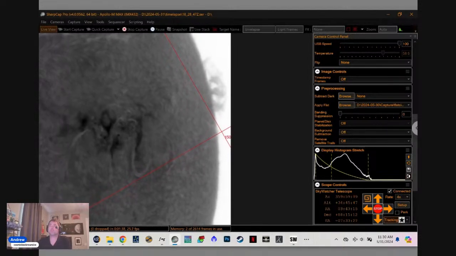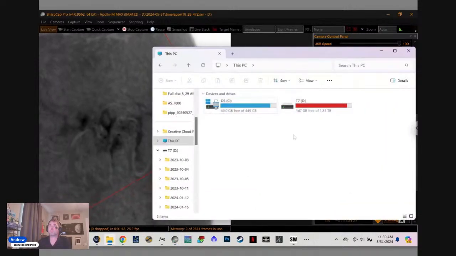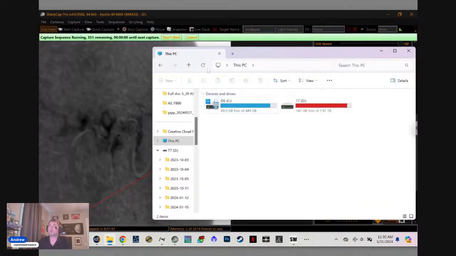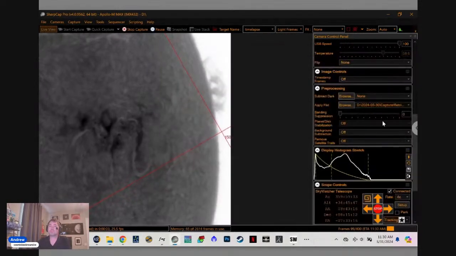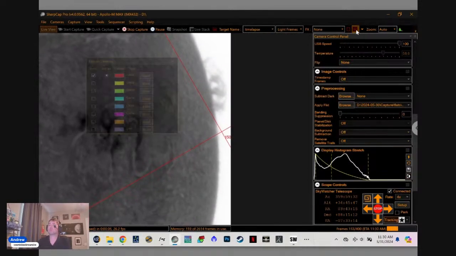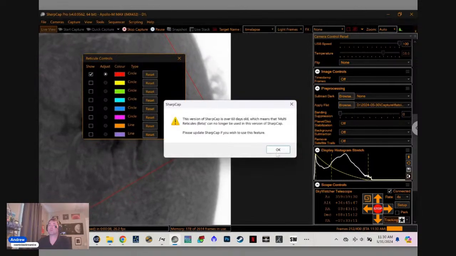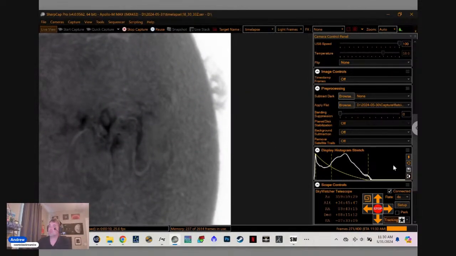It's too bad. It's funny because I'm actually supposed to be good on memory. Yeah, 140 gigabytes left. That should be good enough. Yeah, whatever. There we go.